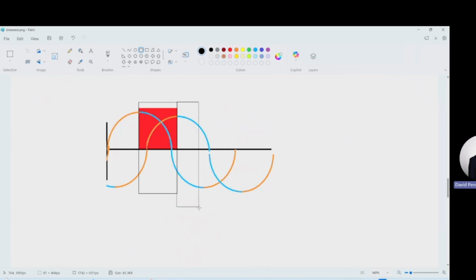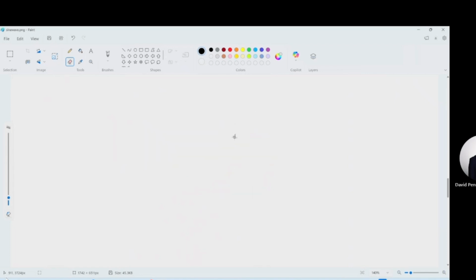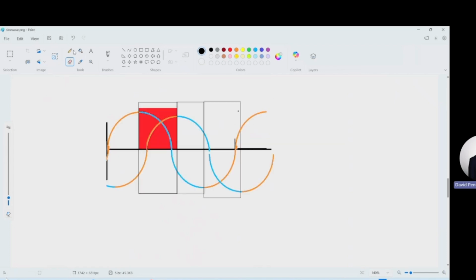Then we've got blue on blue in this region here. Then we've got blue on orange, and you can imagine that goes into more orange here. Let's take a bit of that up there. Okay.